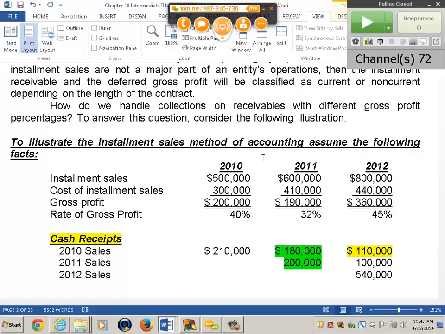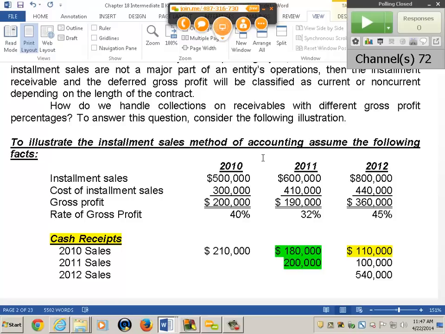And of course, I should go back to 2010. Let me just add one entry for you. Back in 2010, you would defer everything. I said zero gross profit, but let me show it to you this way.